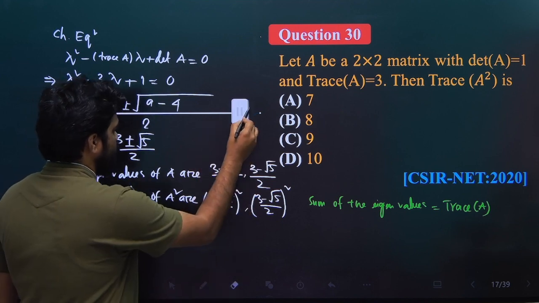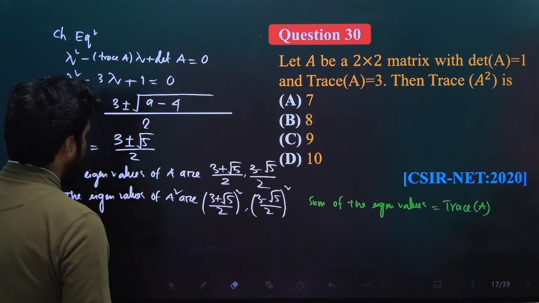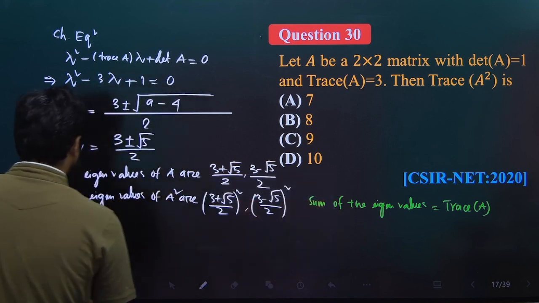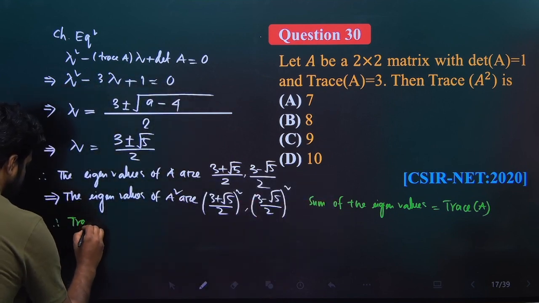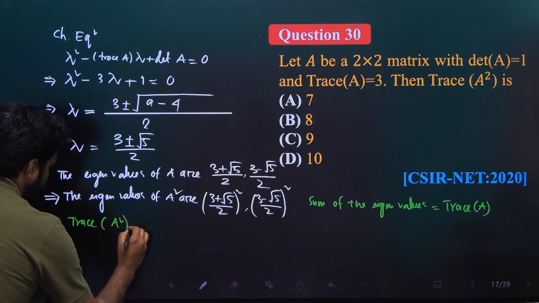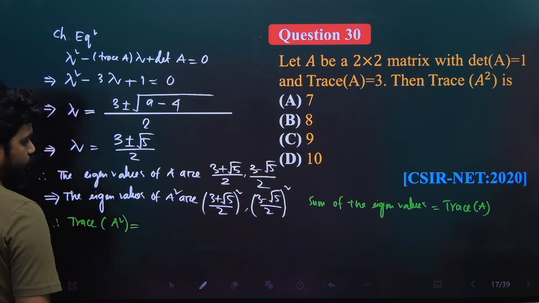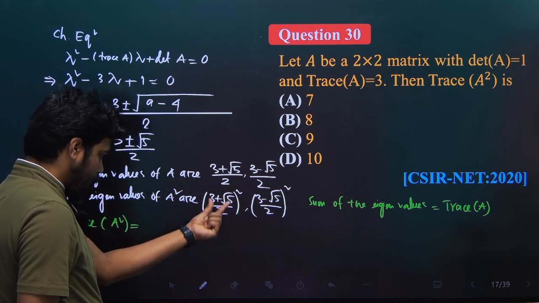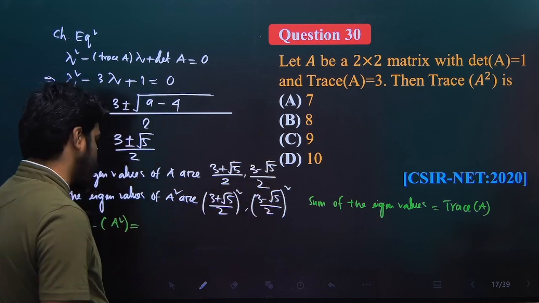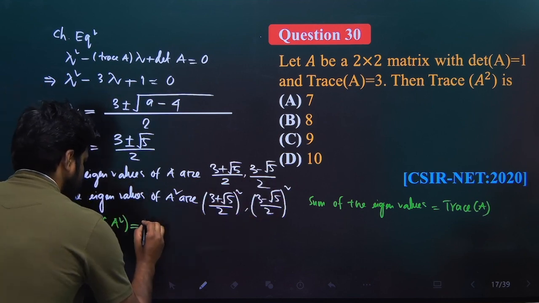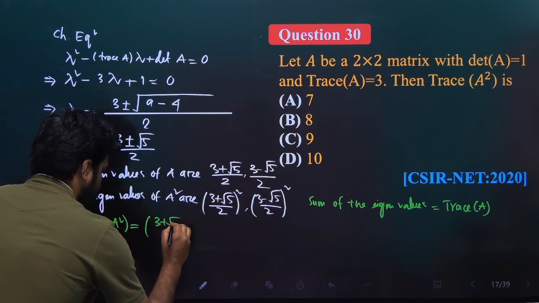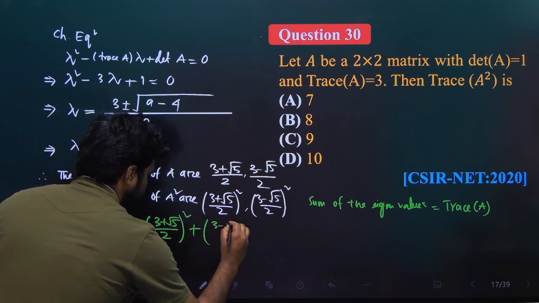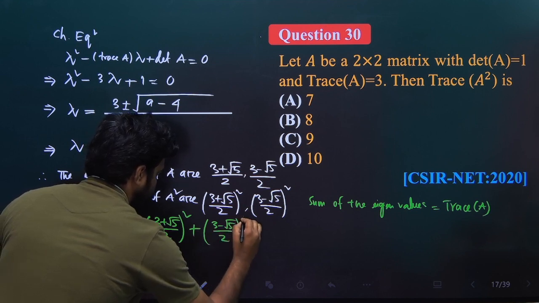Okay, so we just have to find the trace of A square. Trace means sum of the eigenvalues. So trace A square is the sum of the eigenvalues: (3 plus root 5 by 2) square plus (3 minus root 5 by 2) square.